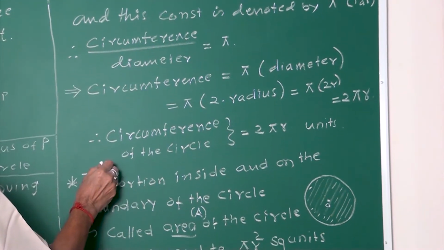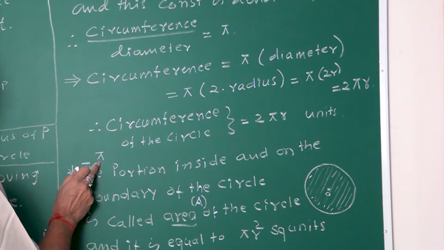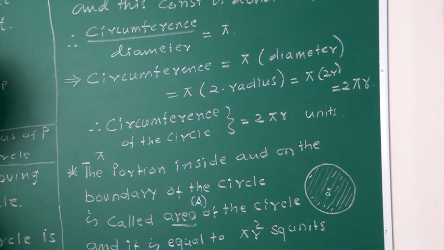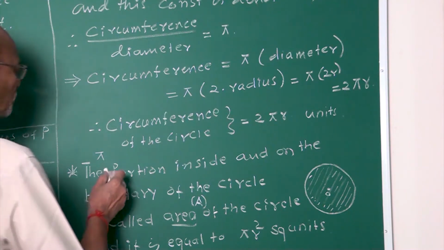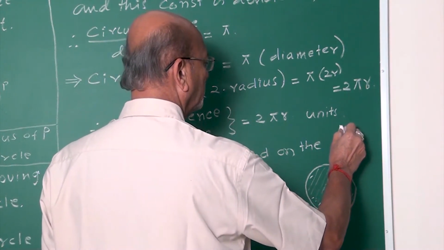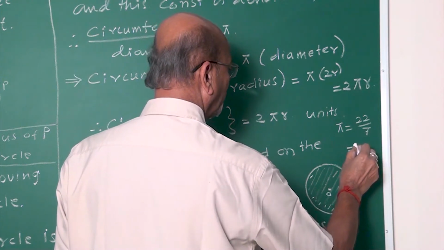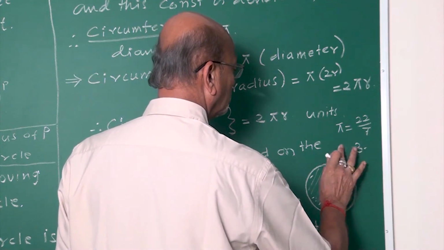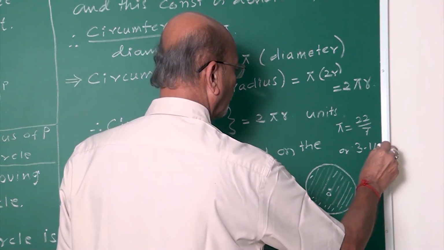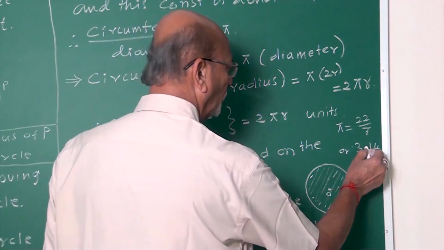What about this pi? The constant pi is an irrational number, and its approximate value is 22 upon 7, or 3.14.